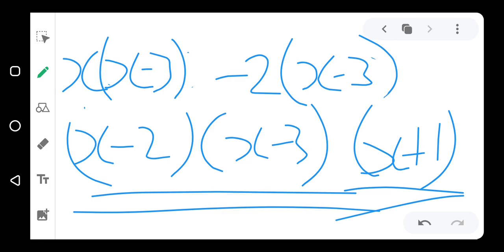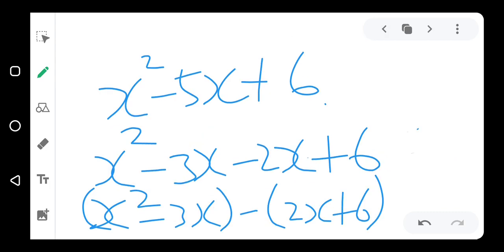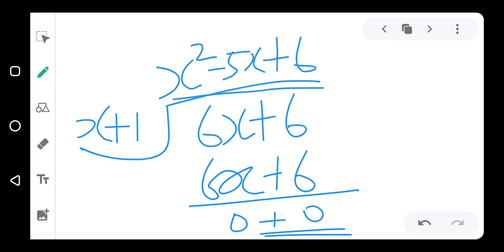Sometimes after dividing here, you may not have any need to work on it again. You may just get the other factor directly. But if you have a degree that is more than 1, you still have to divide again to get the other factors. If you don't have it, then you take that one as the other factor.